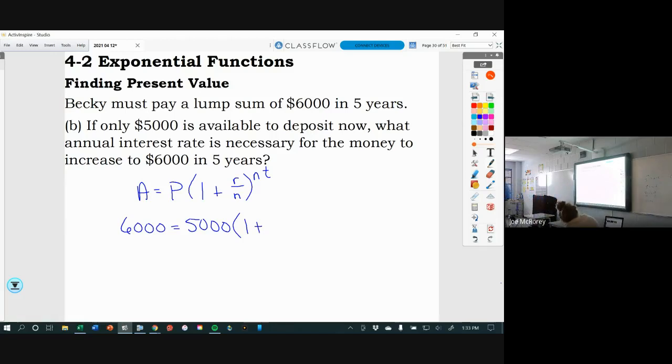No. How many times a year will it be compounded? Once, because it said annually, right? So it's going to be R divided by 1, or just R, raised to the N is R times 5. T is 5. And we need to get R by itself.